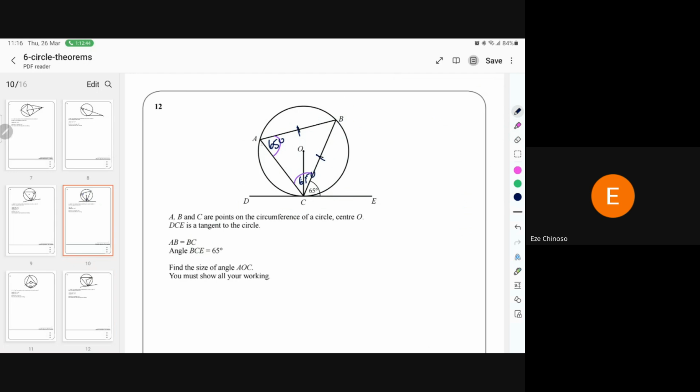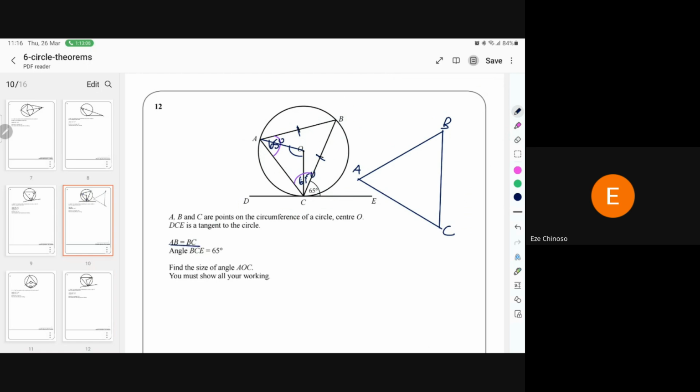Good. Now, remember that we are looking for this center here. So what does it mean? For this big triangle here, let me bring it out. Sorry about that big error. You know, I said I'm hungry, guys. So here is B, here is C, here is A. They said here that AB is equal to BC.